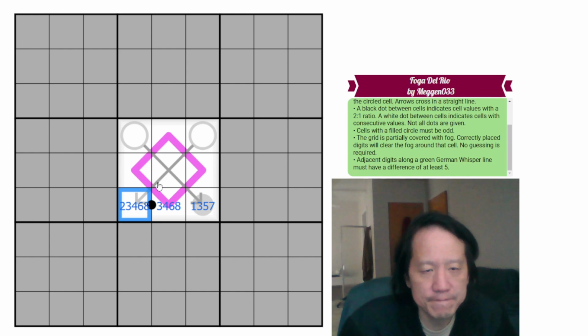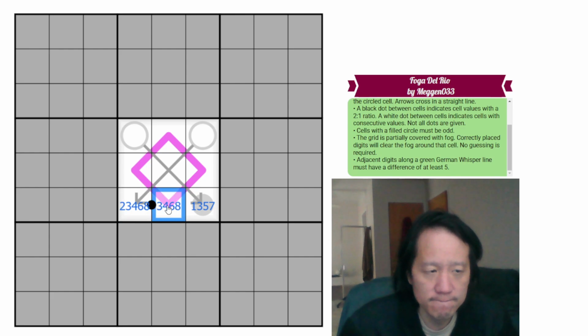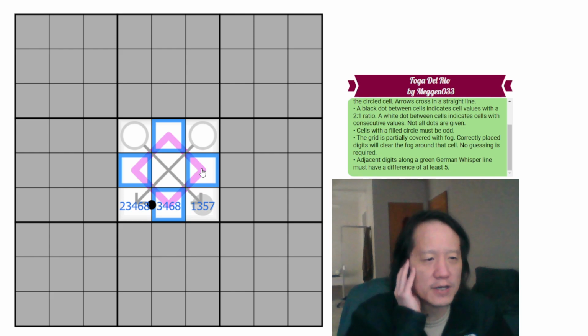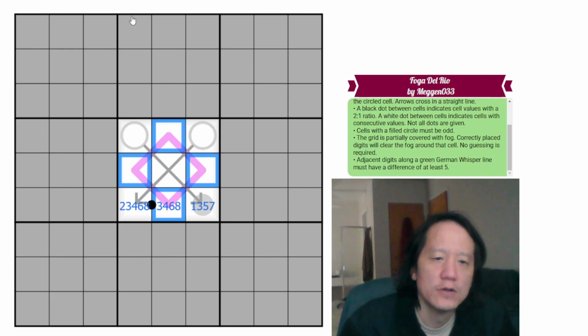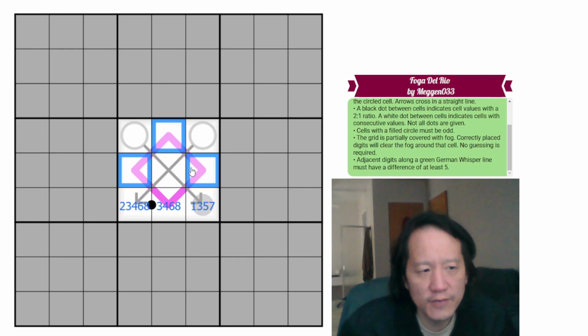Let's see. If this is 3, this would have to be 6. I think that works, right? It could be, well, maybe not. Hold on. So what if this is 3 and this is 6? What do the other numbers on the Renban have to be?